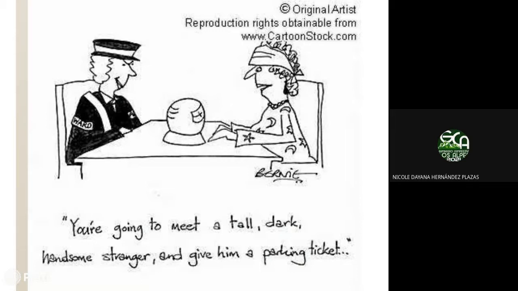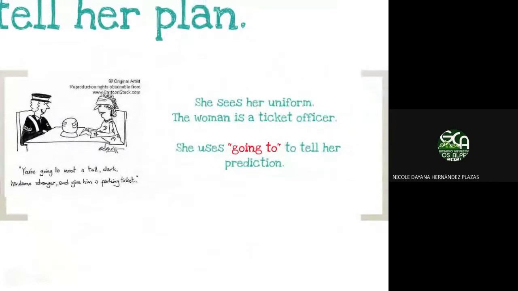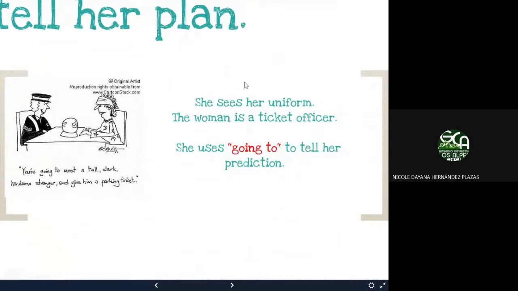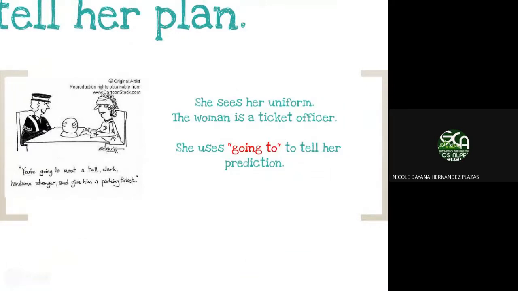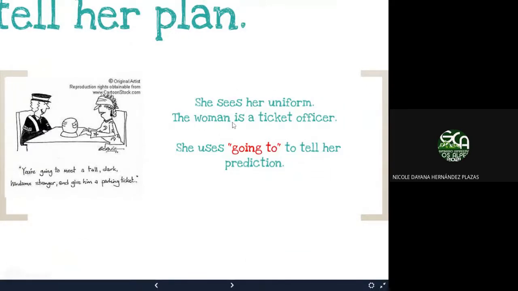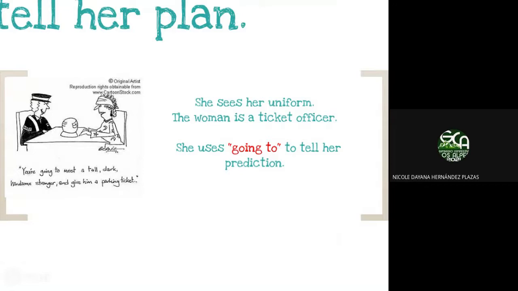Okay? So, let's take a look to this. Let's read this part. Jero Vallejo, can you please help me reading this part? Thank you. So, as I was telling you, look at these babies.